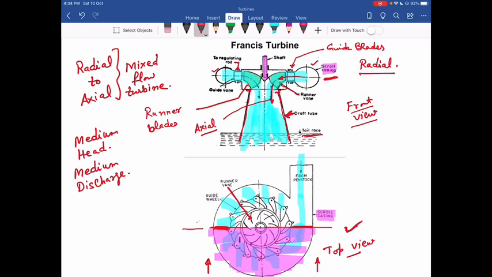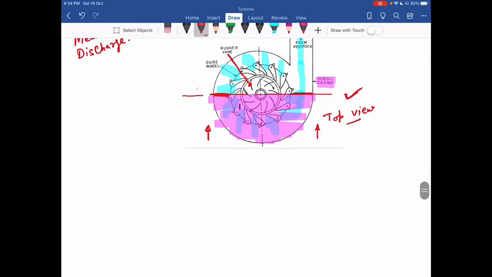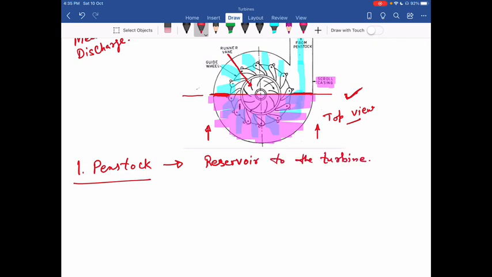Now, if I talk about the various components, the first important component of this turbine is the penstock. Okay. So it is the waterway used to carry the water from the reservoir to the turbine. Okay.